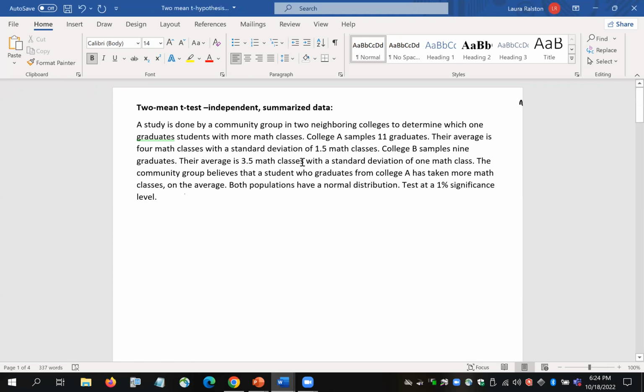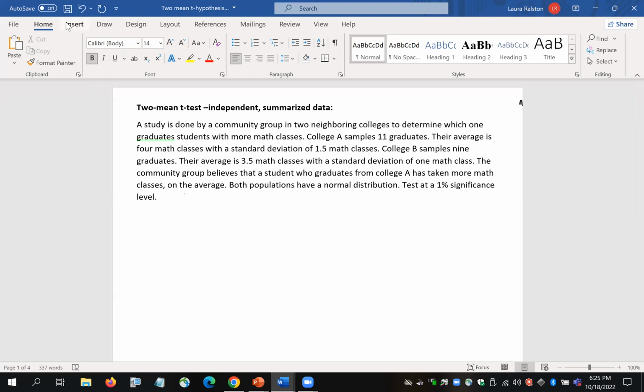Their average is 3.5 math classes with a standard deviation of 1. The community group believes that a student who graduates from College A has taken more math classes on the average, and both populations have a normal distribution. Test at a 1% significance level.